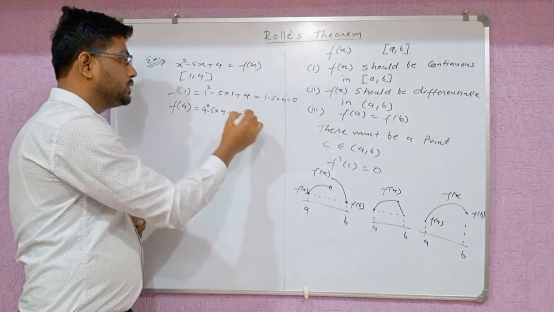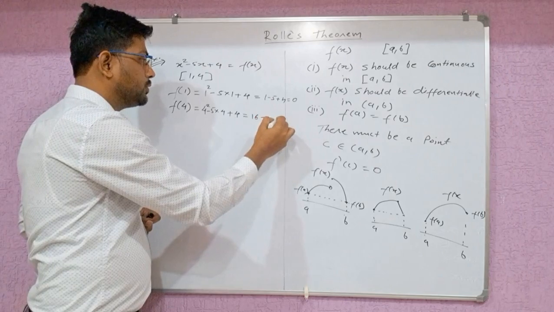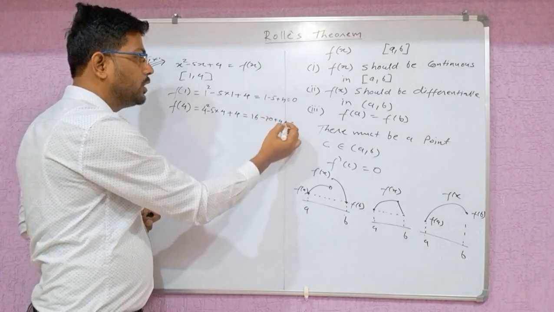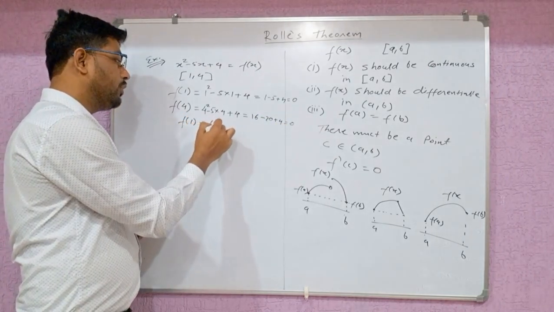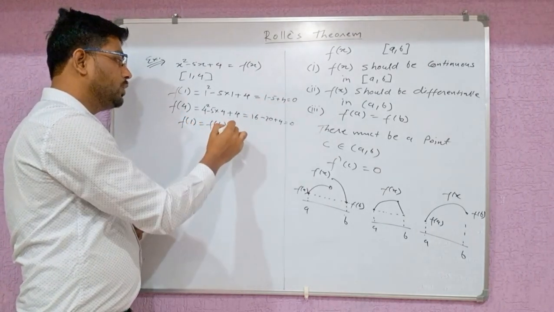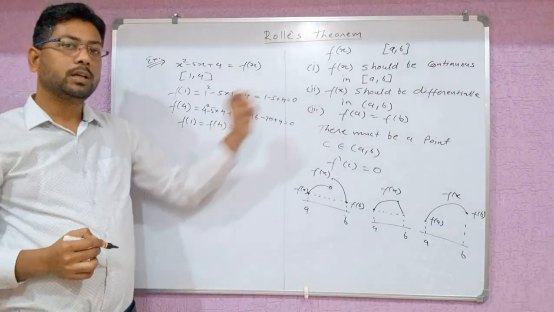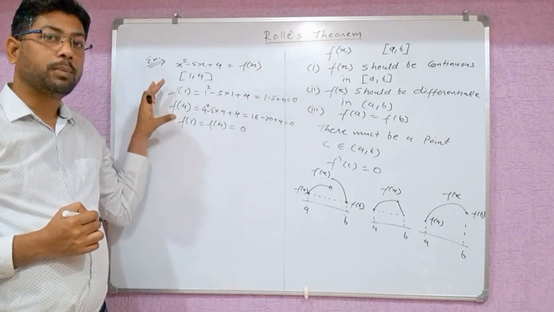So this will be 16 minus 20 plus 4. So this will be 16 plus 4, 20 minus 20. This will again be 0. So f(1) is equal to f(4), because both of these are 0. So this third condition is satisfied here. So all these three conditions are satisfied, so we can apply Rolle's theorem here.